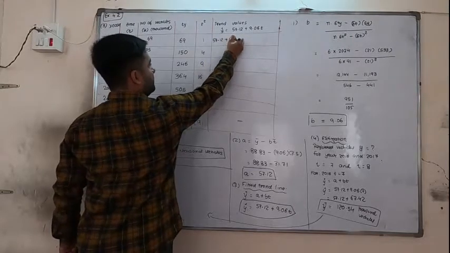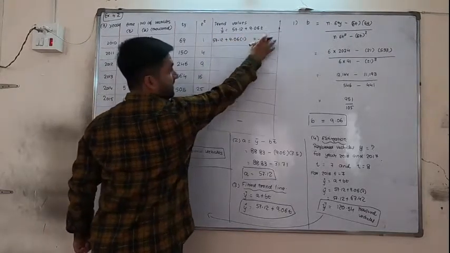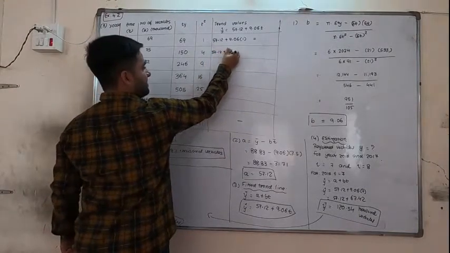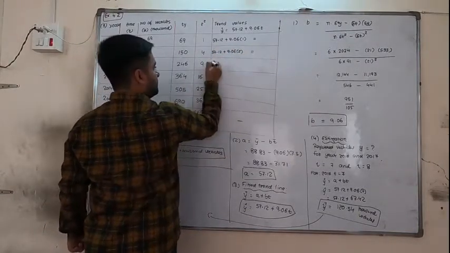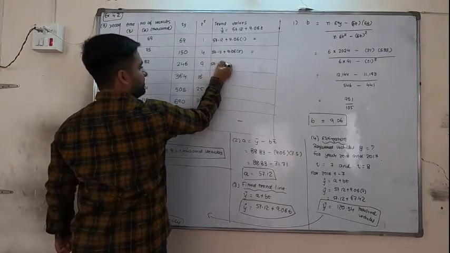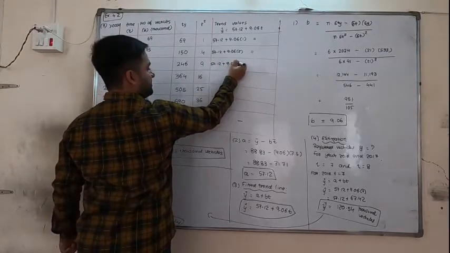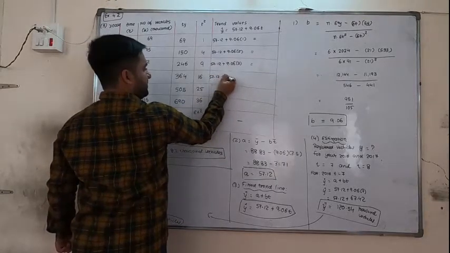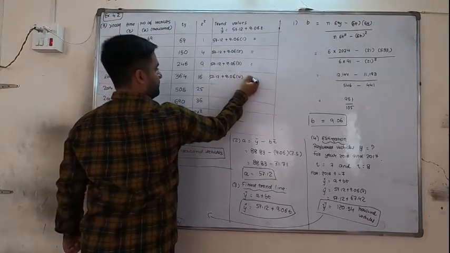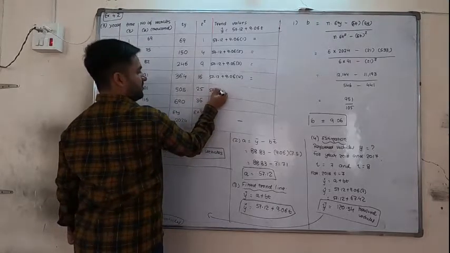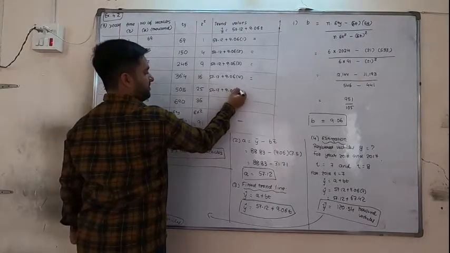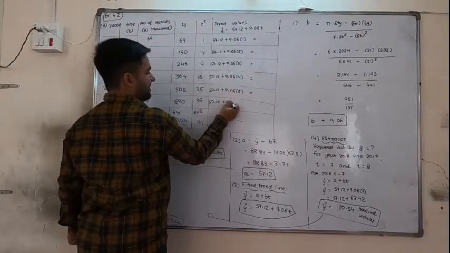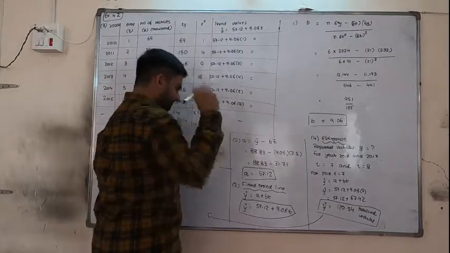57.12 plus 9.06 into 1 and write the answer directly. Then 57.12 plus 9.06 into 2, 57.12 plus 9.06 into 3, into 4, into 5, into 6.